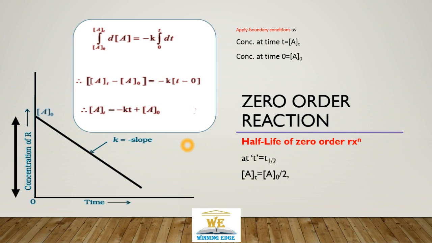Now the half-life of a zero order reaction will be at time equal to t half, meaning at half time, when concentration At will be reduced to half of the initial concentration. Substituting At equal to A0 by 2 and t equal to t half, we get K t half equal to A0 by 2.